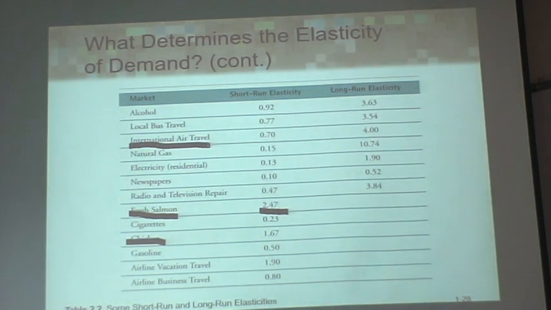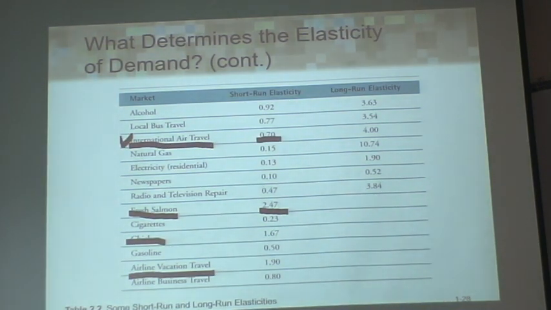Okay, you look at international air travel. It is inelastic, right? It's less than 1 because if you want to go to the US, what else can you do? Swim? Probably not, right? You have to fly. Okay, so it is inelastic. What about vacation travel?